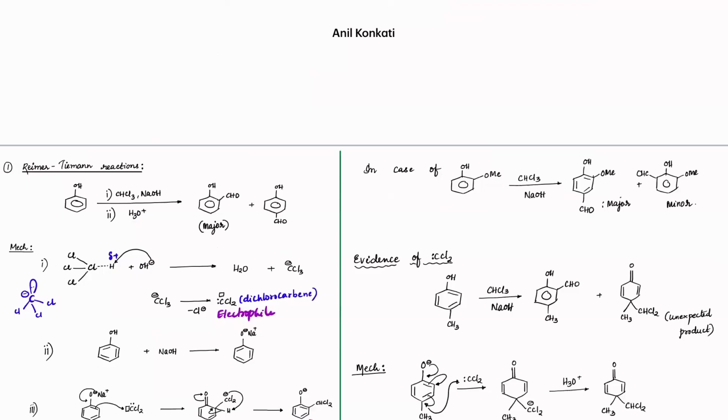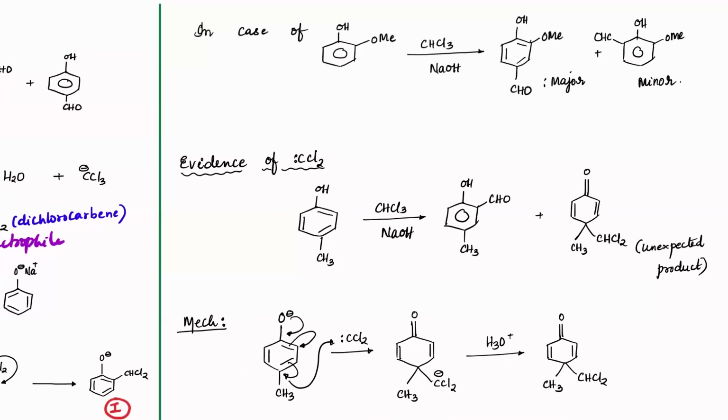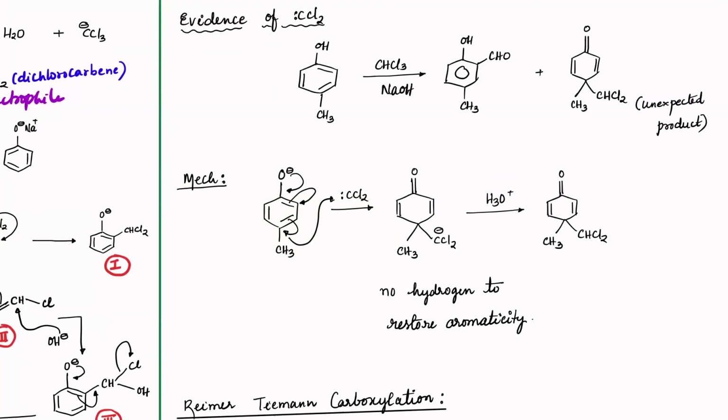Okay. Now, in case of OMe already substituted at the ortho position, in that case, the major product will now shift onto the para position. The minor product will be here. The evidence of CCl2 is, what if you have a para-methyl here? Then in that case, CHO will get attached on this ortho position, salicylaldehyde will form. That will be the major product.